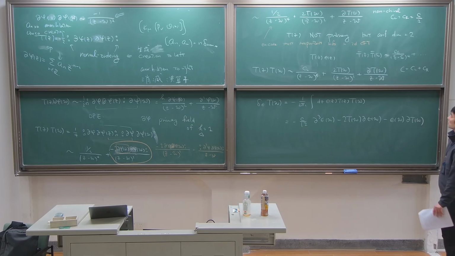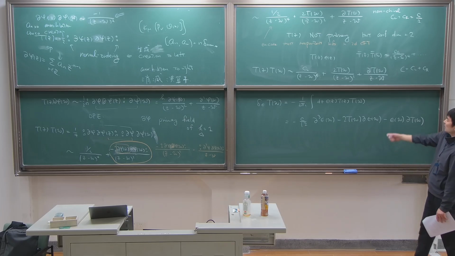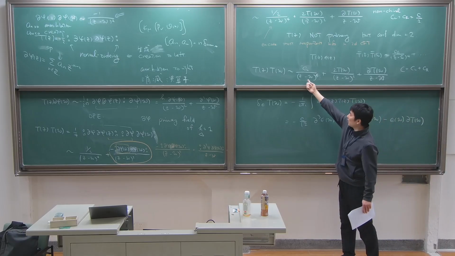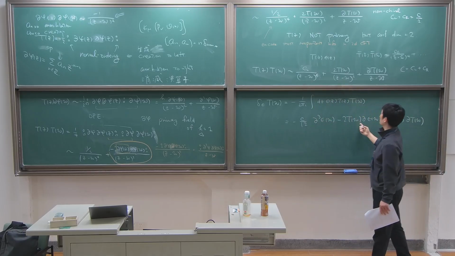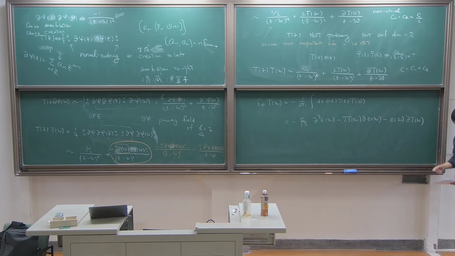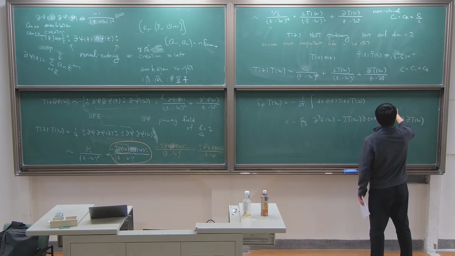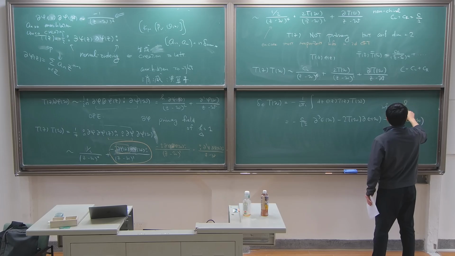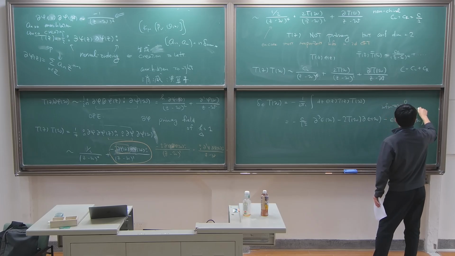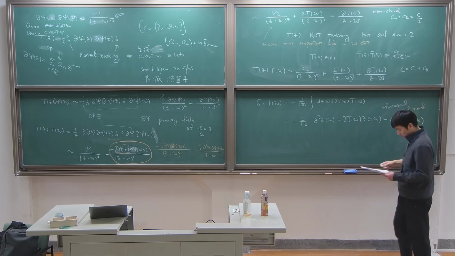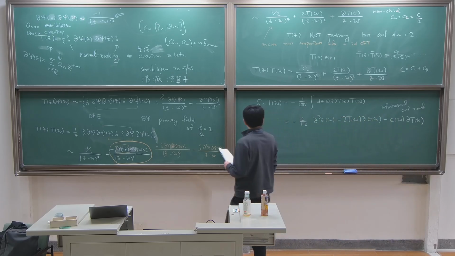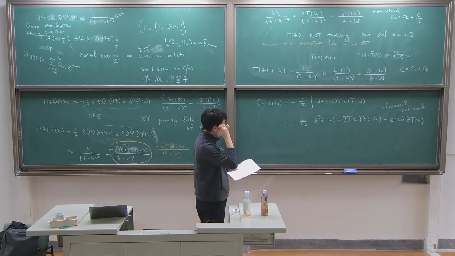And of course, this term gives rise to this term, this term gives rise to this term, and so on. So this is the infinitesimal conformal transformation, the infinitesimal version of the conformal transformation.